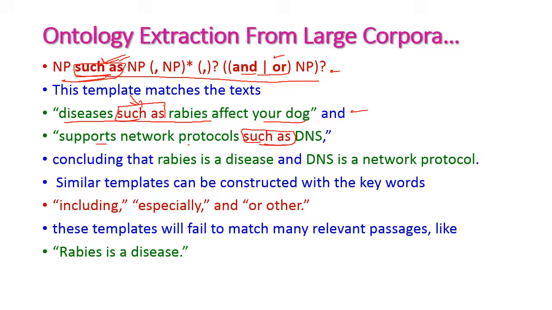So the first text concludes rabies is a disease, and the second concludes DNS is a network protocol. Similar templates can be constructed with the keywords including, especially, and or other. By using these keywords also we can construct more such sentences.